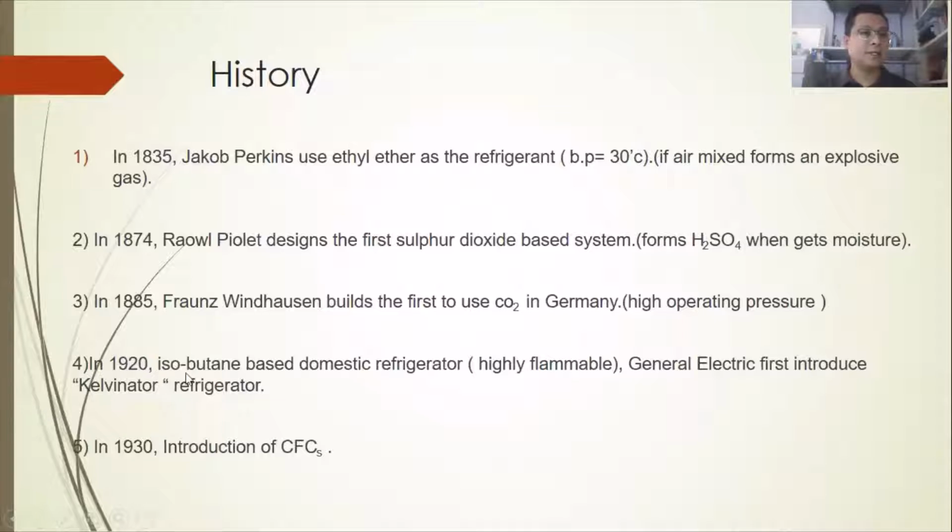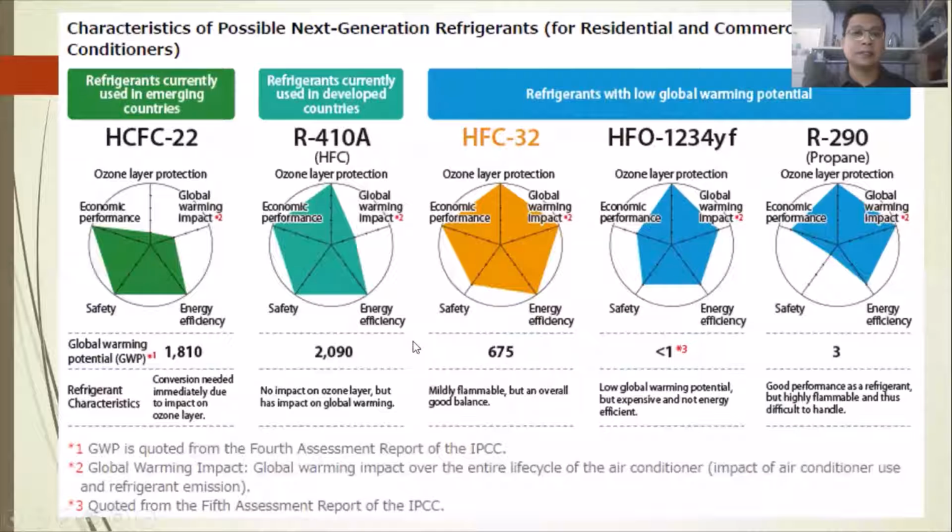Then in 1920, isobutane was used in domestic refrigerators. And the last is 1930, which introduced CFC. This is the history of the types of refrigerant.